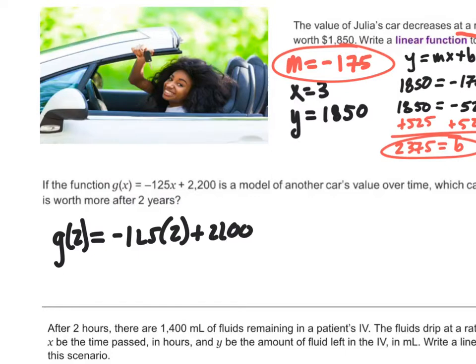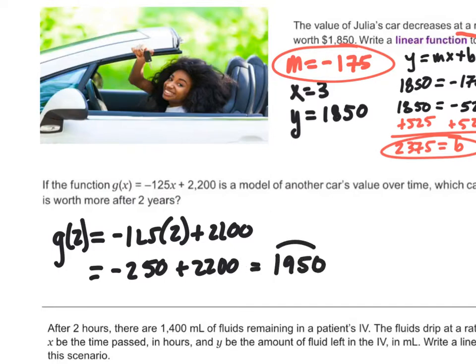So if I do that arithmetic, this is going to give me negative 250 plus 2,200. And 2,200 minus 250 is going to give me a value of 1,950 after 2 years.